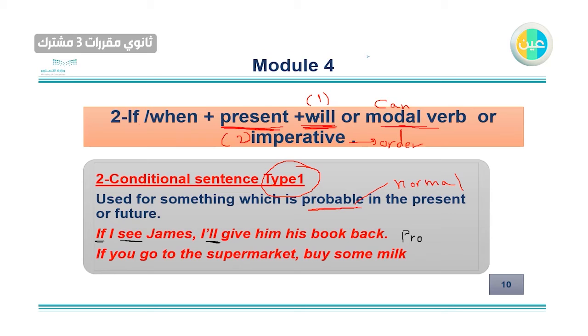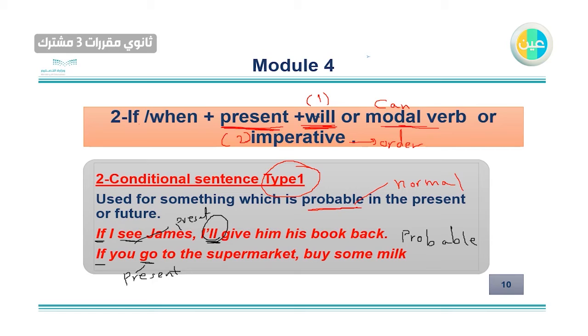Okay. Another case, if you go to the supermarket, if, and then you have present. Okay. So until now, you have an if present and also here present. Okay, but here you have will. This is the first case, or any modal verb, can or whatever.